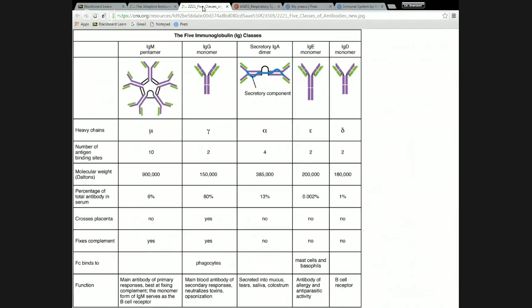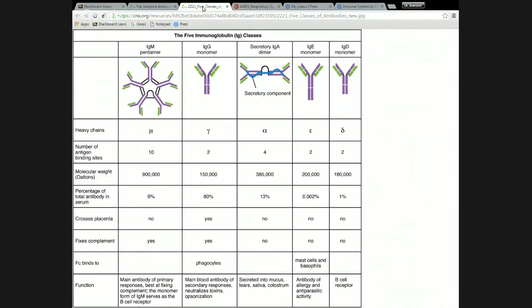So it's going to contain that, just like the rest of the mucosal lining of your digestive tract. Tears are secreted over the surface of your eye, and so any pathogens that get onto the surface of your eye, which doesn't obviously have skin covering it, it's going to have these to help protect it. And then the last thing it says there is colostrum, which is the initial milk that's produced by the mammary glands.